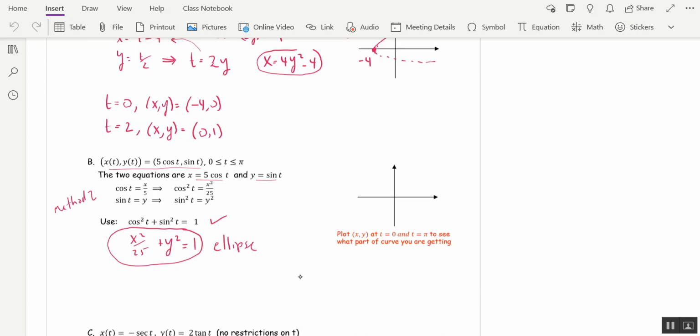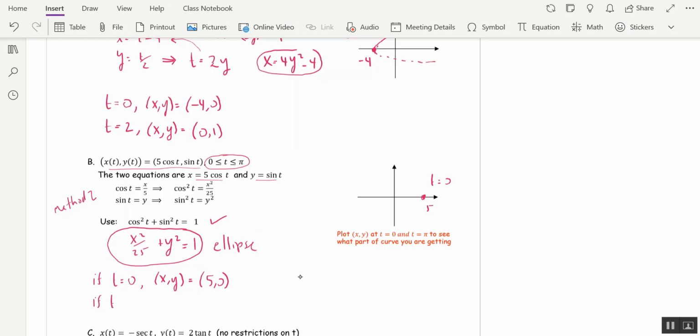Okay, this parametric equation is defined for t between 0 and pi. So let's see where we're starting. If t equals 0, then x comma y, put t equals 0 into the parametric equations, and we get 5 comma 0. So we're starting here, 5, this is t equals 0. All right, we're ending at t equals pi.